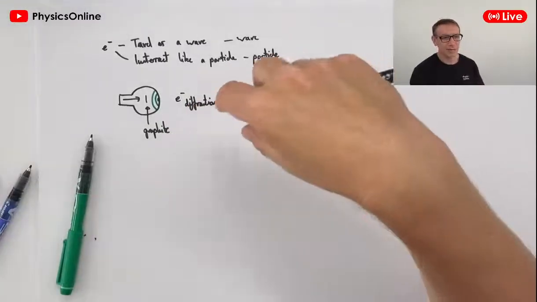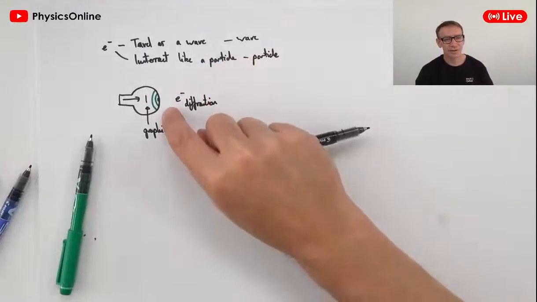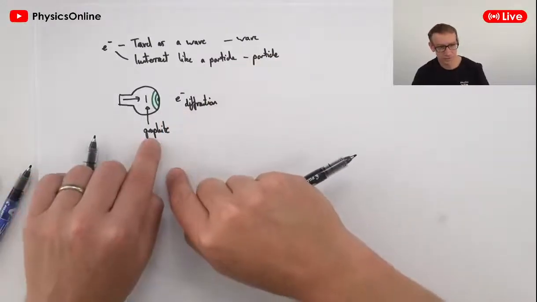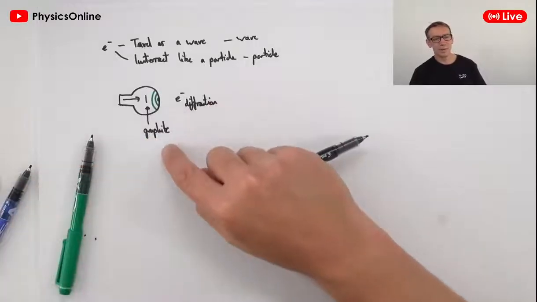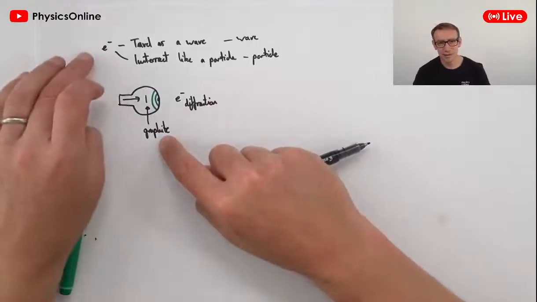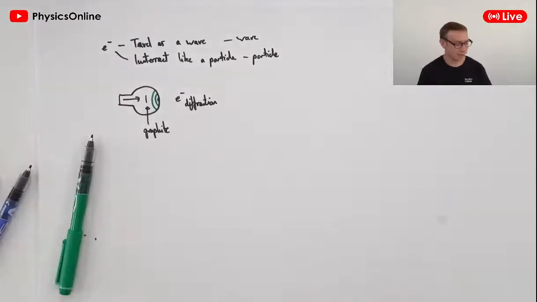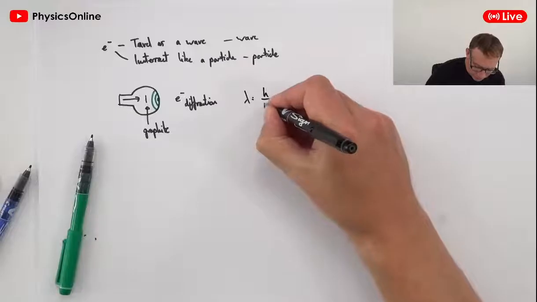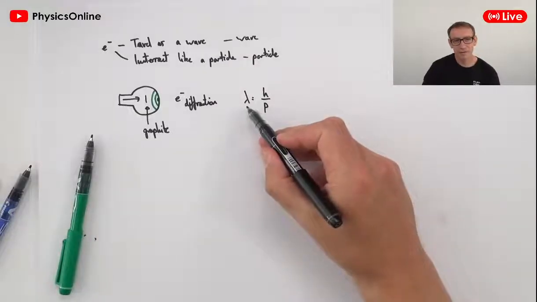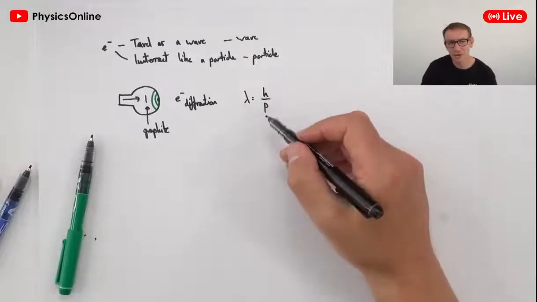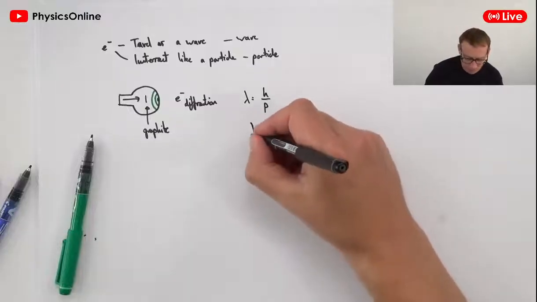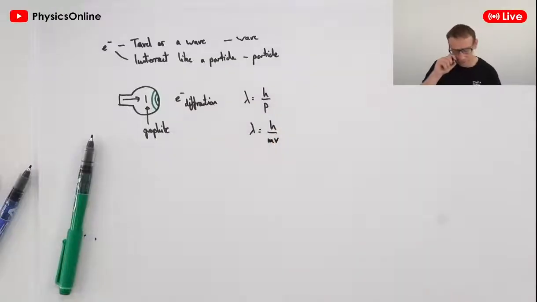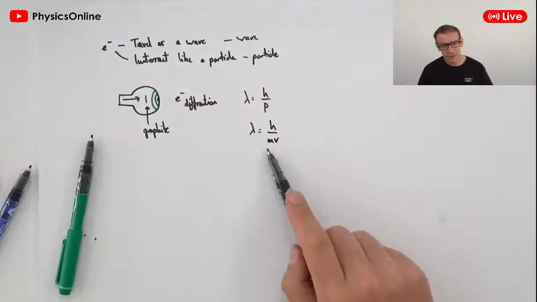With electron diffraction, we can only see this pattern because electrons must travel like a wave, and as they go through this thin sheet of graphite, which has a spacing similar to the wavelength of these electrons, we get this diffraction pattern. The wavelength is equal to h over p: the wavelength of those particles is equal to Planck's constant divided by the momentum. It's often also written as lambda equals h over mv. We know the mass of electrons.